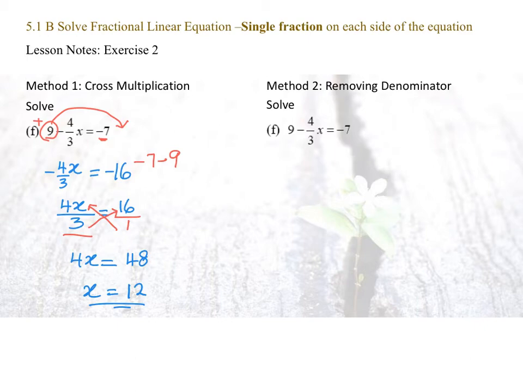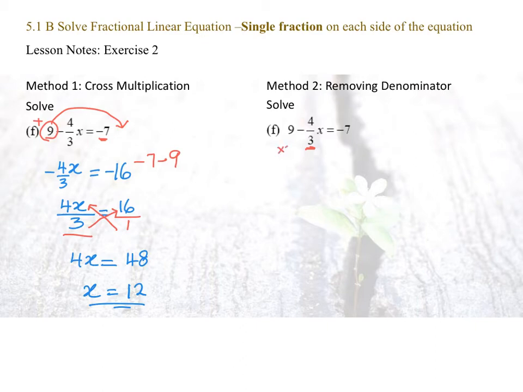Alternatively, you can also use method 2 by removing the denominator throughout the whole equation. So in this method, I noticed that the denominator is 3. So to be fair, I'm going to multiply 3 to every single term.